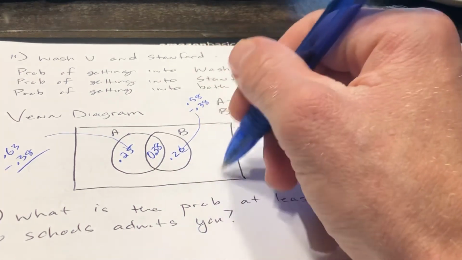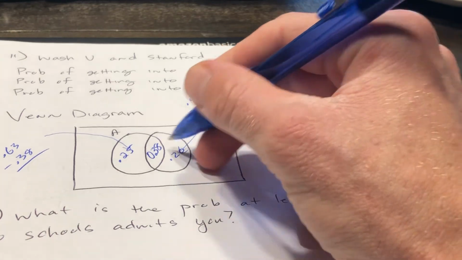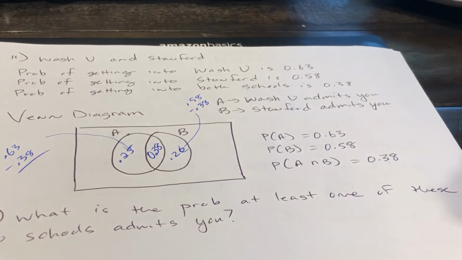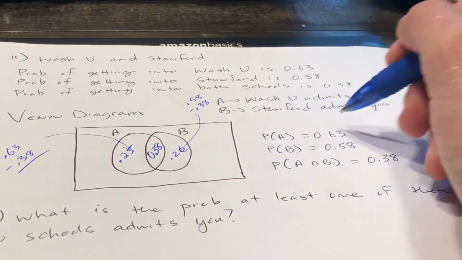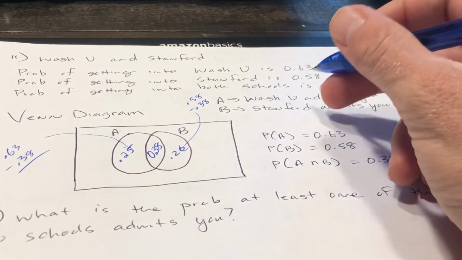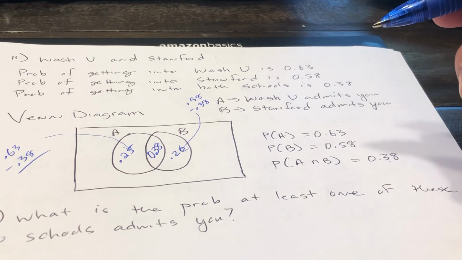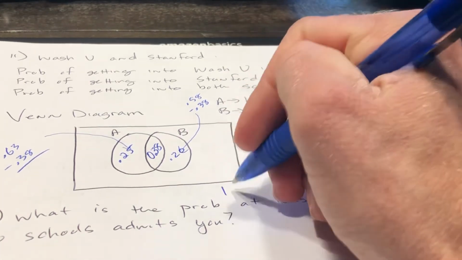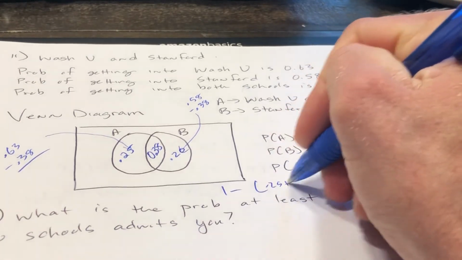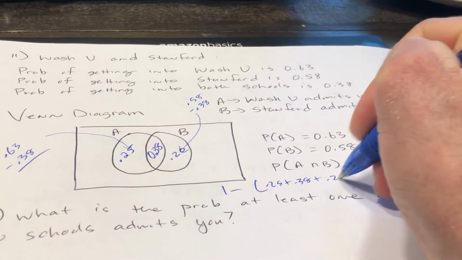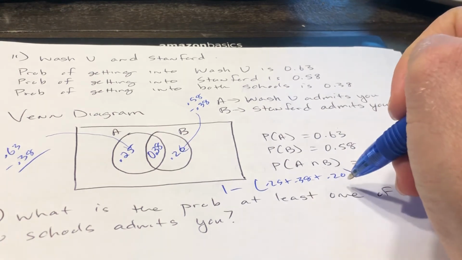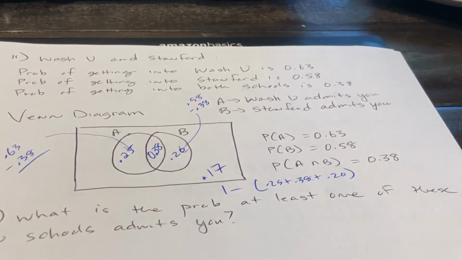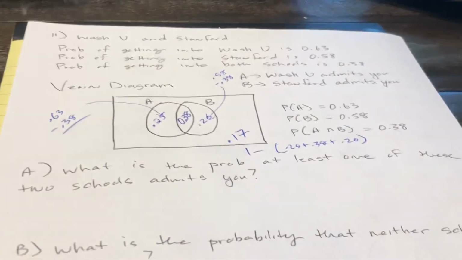So what you put inside the rectangle, but outside of the circles is the (A union B) complement. A union B complement. All right? Yeah. So it's going to be 1 minus the sum of all the other numbers. 0.63, 0.83, 1 minus 0.83 is 0.17. 17% chance neither school says yes.